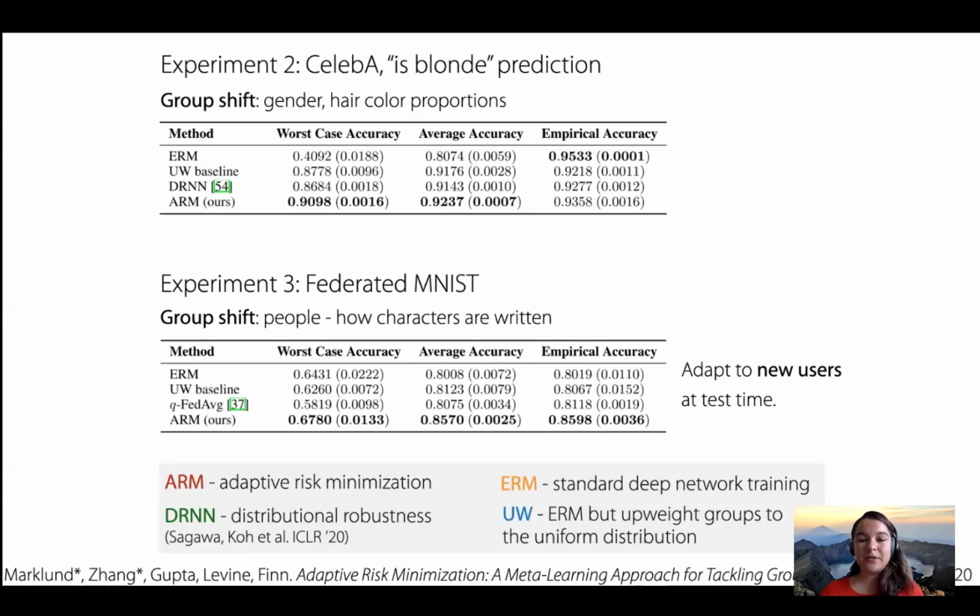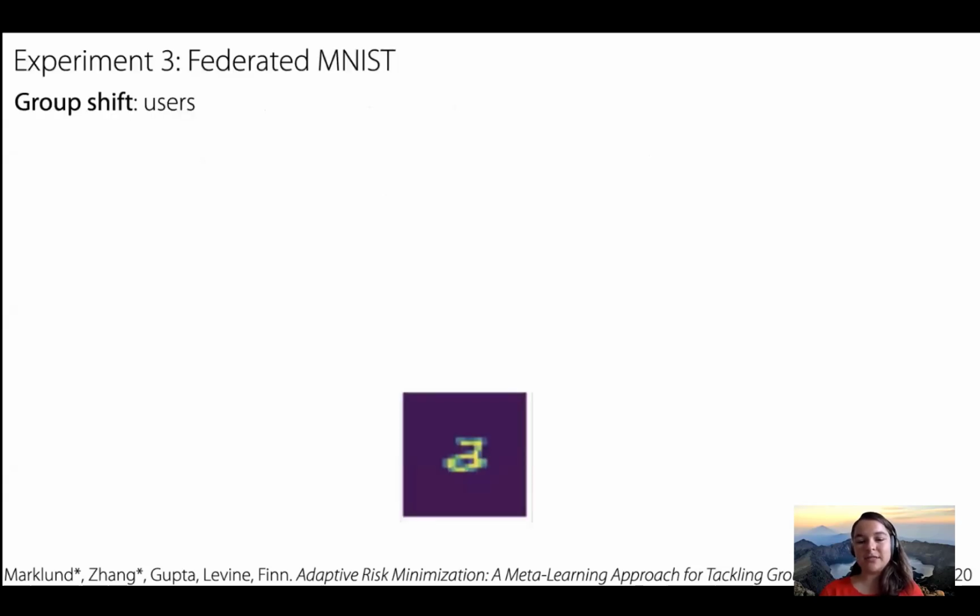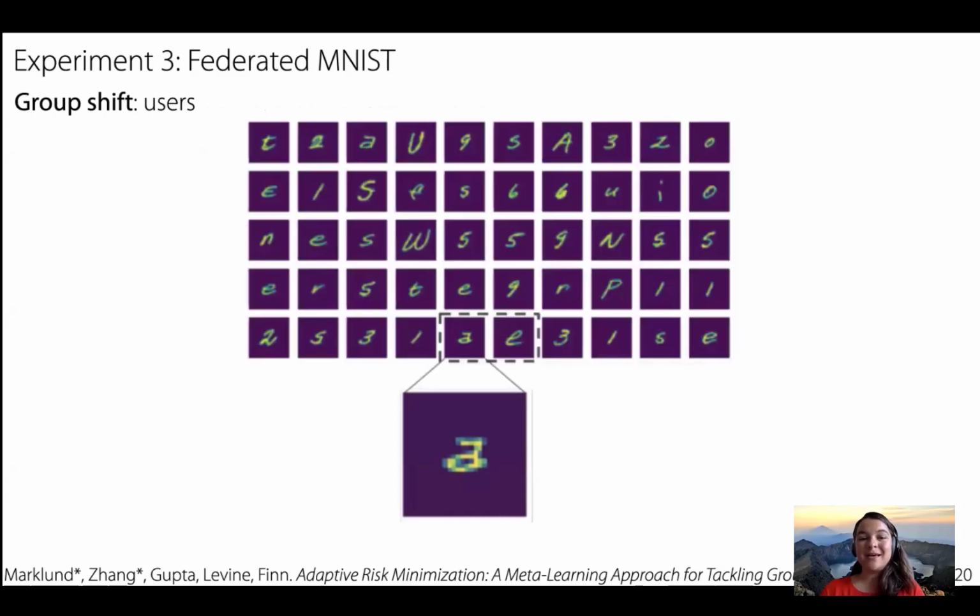And one example of what this actually looks like in practice is, here's an example image at test time that the algorithm is given. ERM would just be asked to classify this as is, and it's a bit ambiguous if it's a 2 or a lowercase a. However, if we give the context of other characters written by that person, it's a little bit clearer that this is actually a lowercase a rather than a 2.